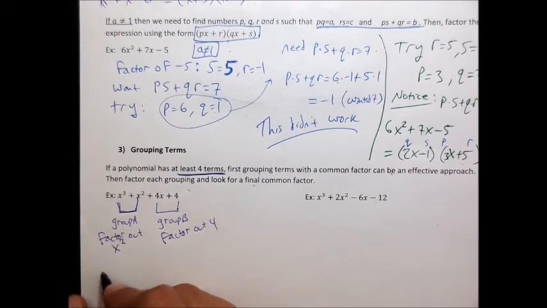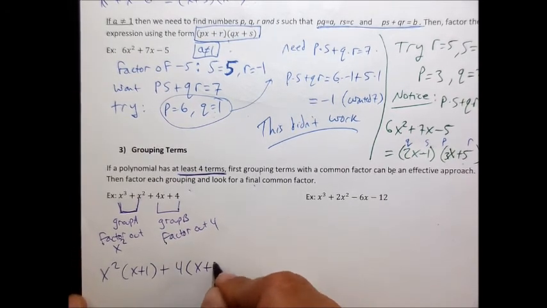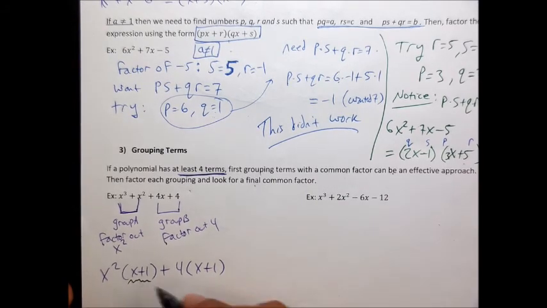And so we'll get x squared times x plus 1, plus 4 times x plus 1. And so we just pulled out a common factor from each one. And the interesting thing with this method is usually that you end up with another common factor, right?